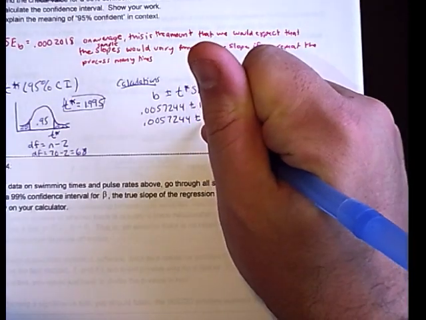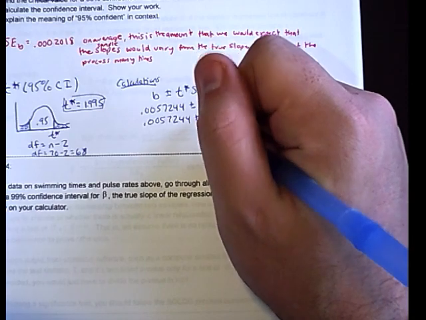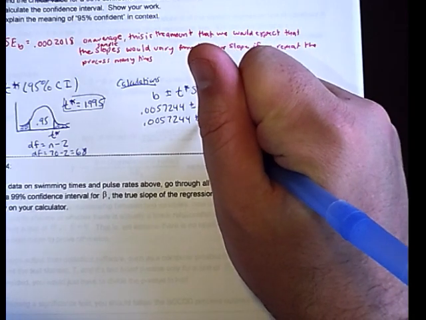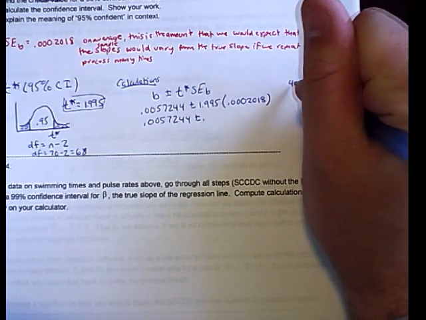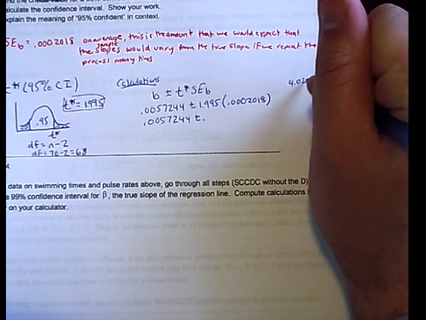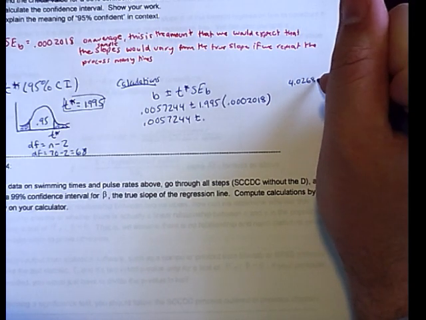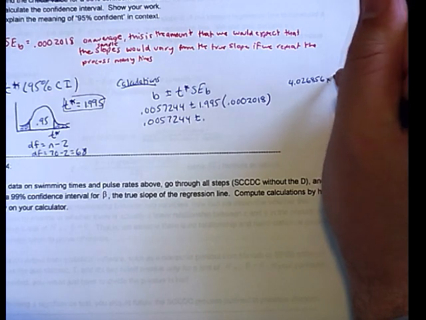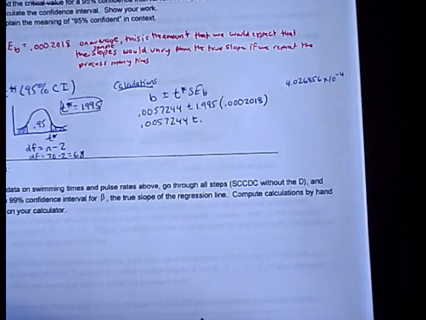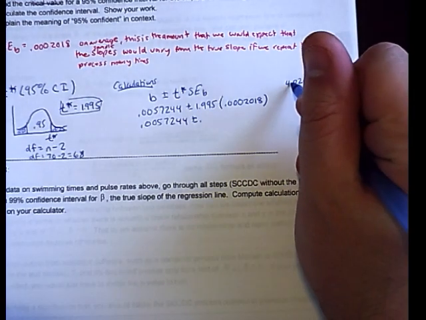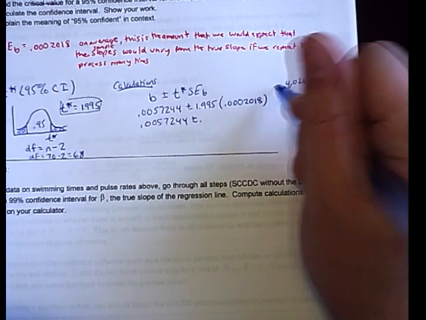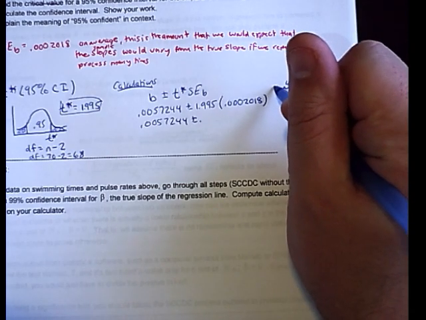So instead of writing that as 4.027 times 10 to the -4th, I'm actually going to move the decimals. Here's what I actually got, 0.4026856 times 10 to the negative fourth. That's what I got on my calculator. I'm going to move this decimal point 4 places: 1, 2, 3, 4.